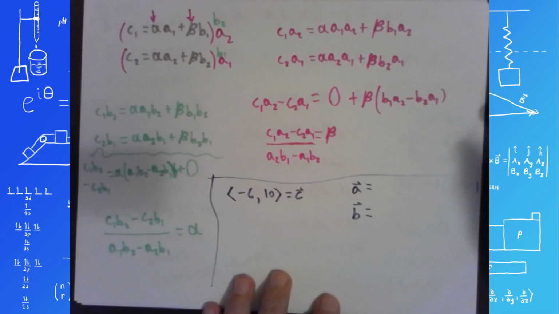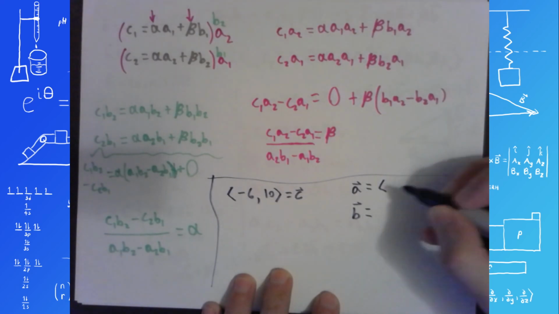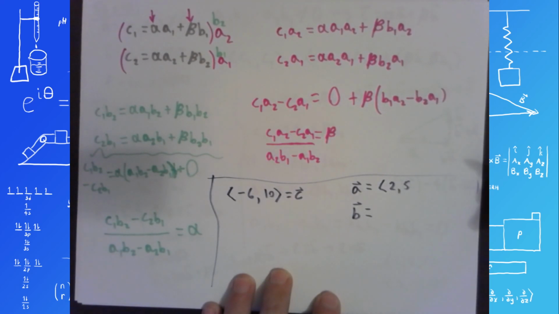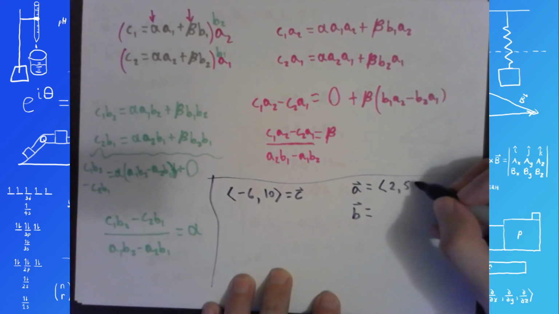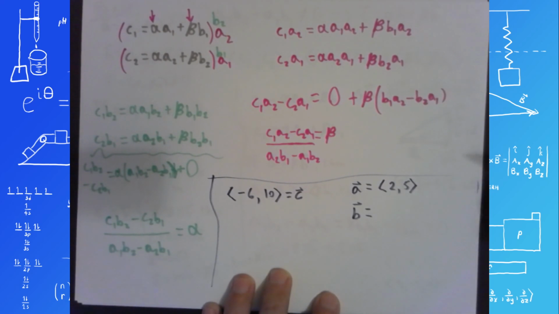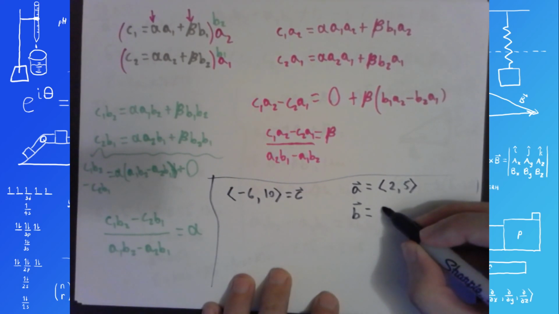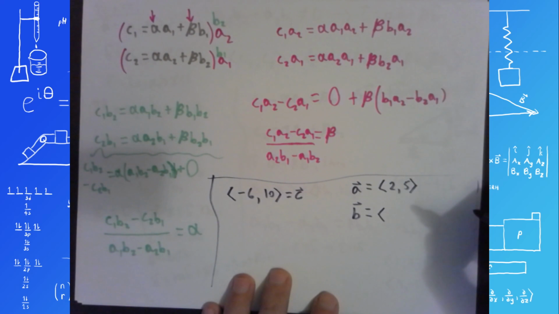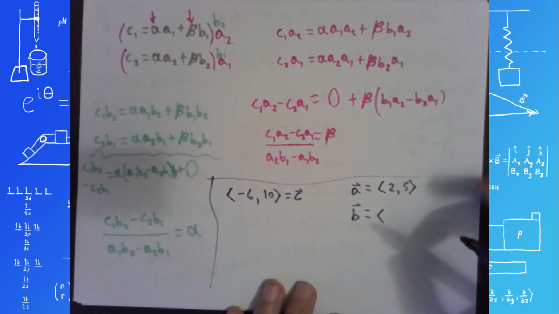So, for example, if I choose for a to be 2 comma 5, does 2 comma 5 work? Yeah, 2 comma 5 should be fine. If I let a be 2 comma 5, then I can't have b being negative 2 comma negative 5. I can't have it being 4 comma 10. I can't have 6 comma 15 and so on.